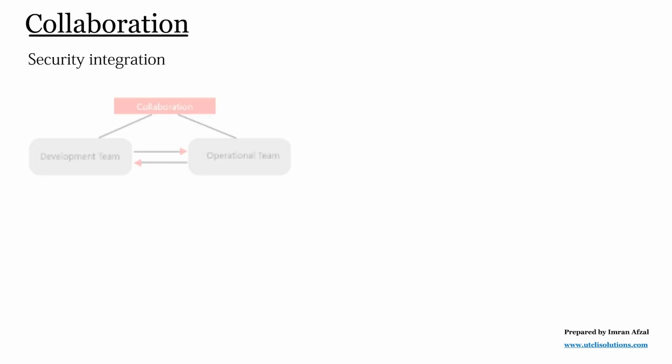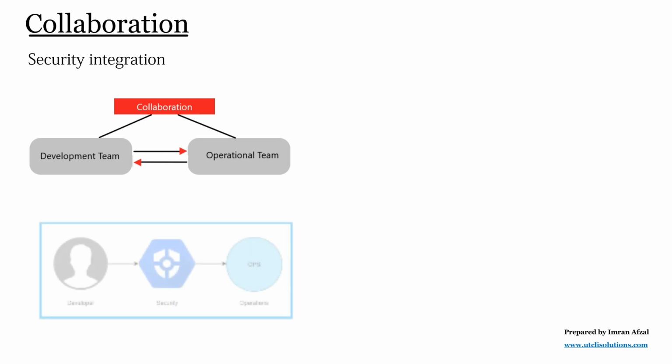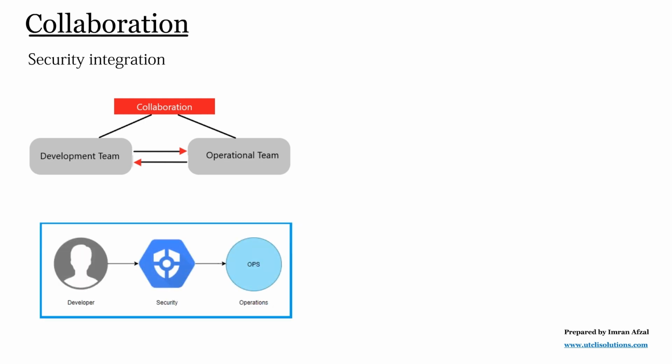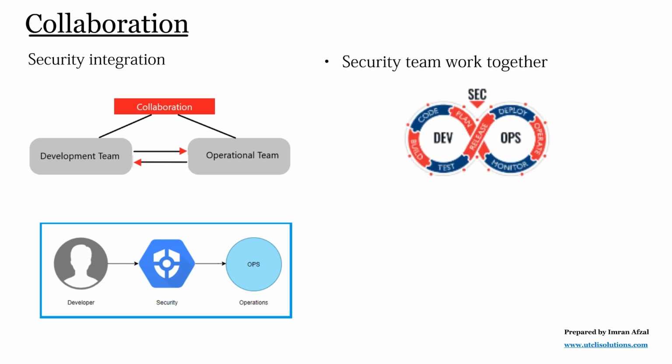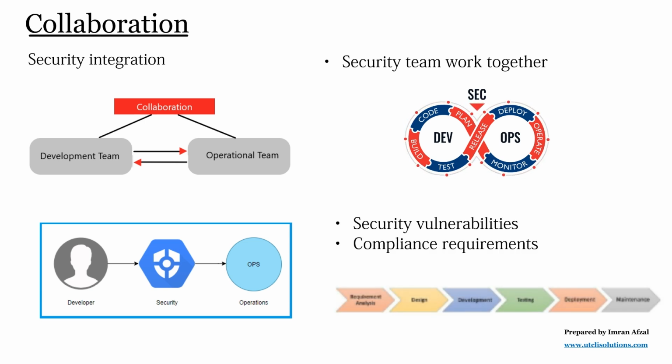Then the last one is security integration. Through collaboration, security is integrated into DevOps processes. Security teams work with the development and operation teams to identify and address security vulnerabilities and compliance requirements through the development lifecycle.